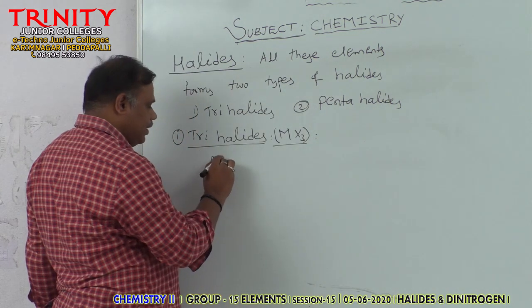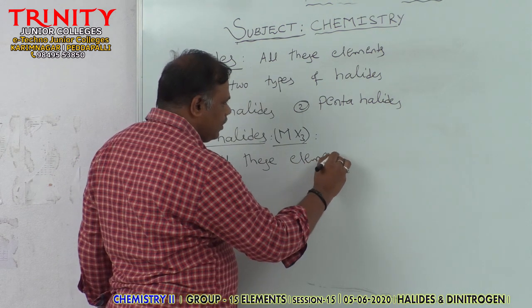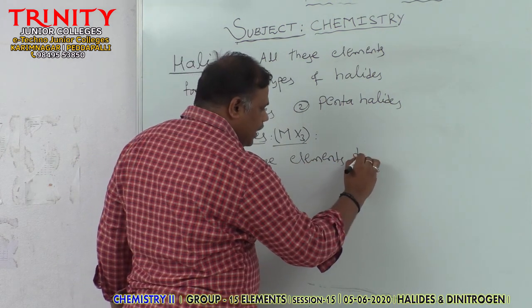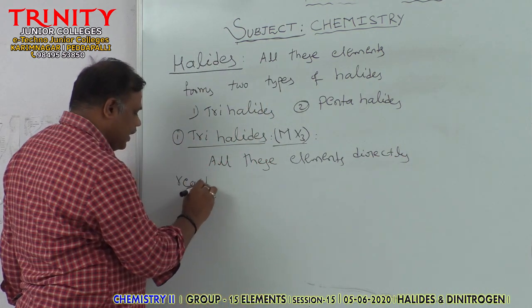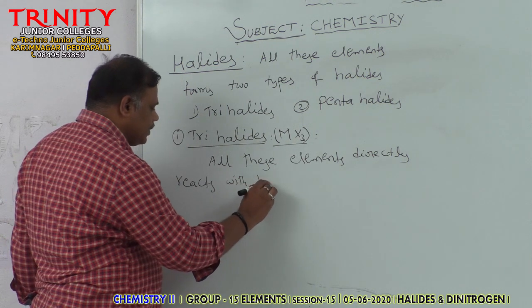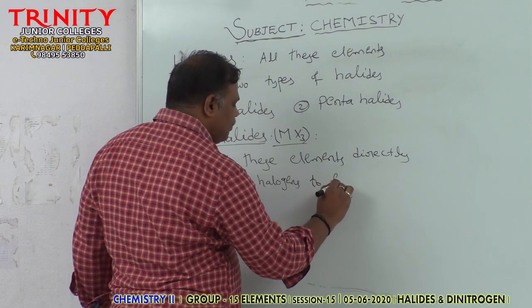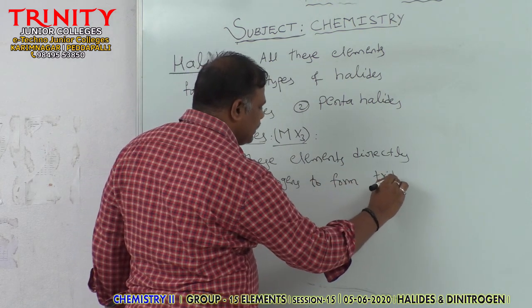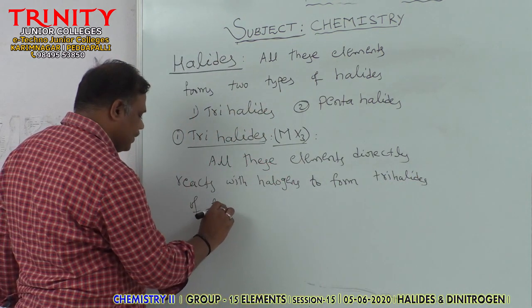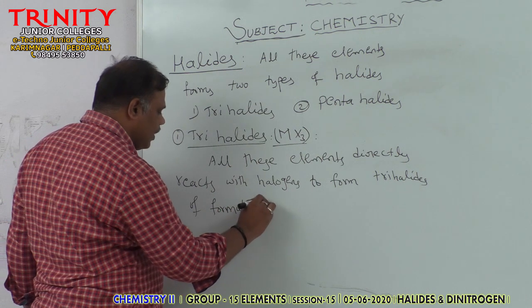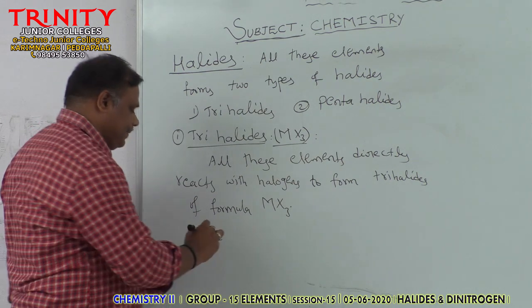First point, all these elements, meaning group 15 elements, directly react with halogens to form trihalides of formula MX3. All these trihalides are covalent.